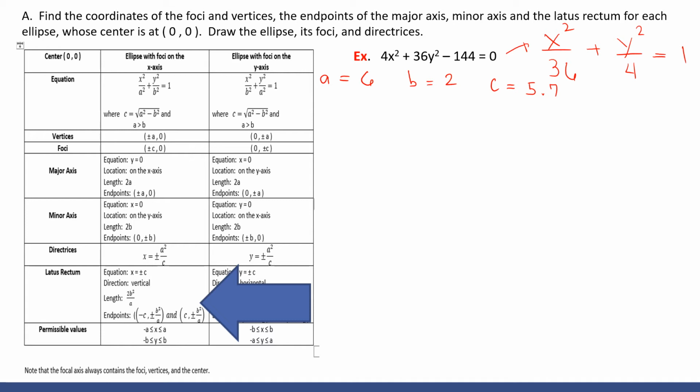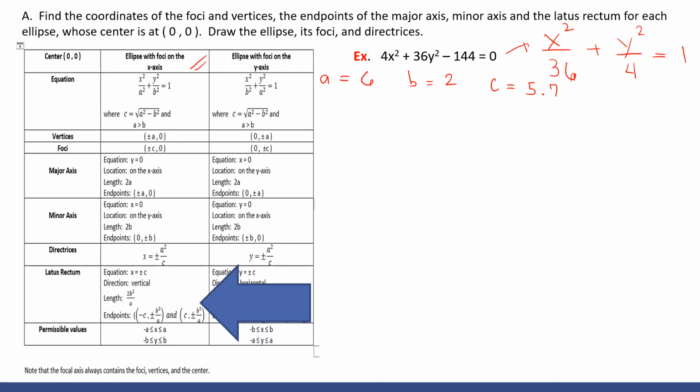Now, alin ngayon ang ating magiging pattern? Since 36 is bigger than 4, our a squared is under x squared term. Ibig sabihin, ito uling ellipse with foci on the x-axis ang ating magiging pattern. So, isa-isahin ulit natin ang ating characteristics of the ellipse.